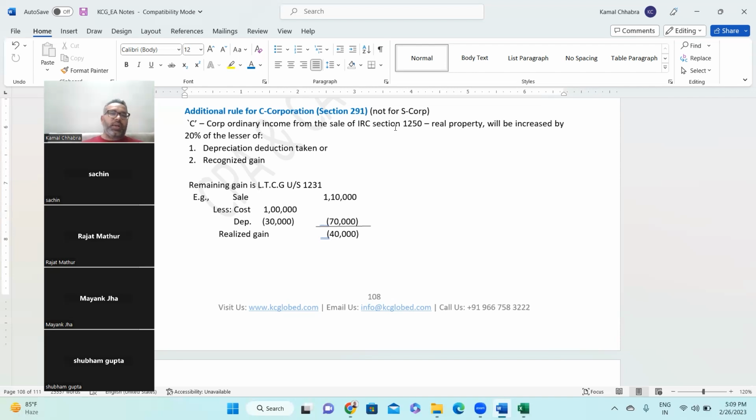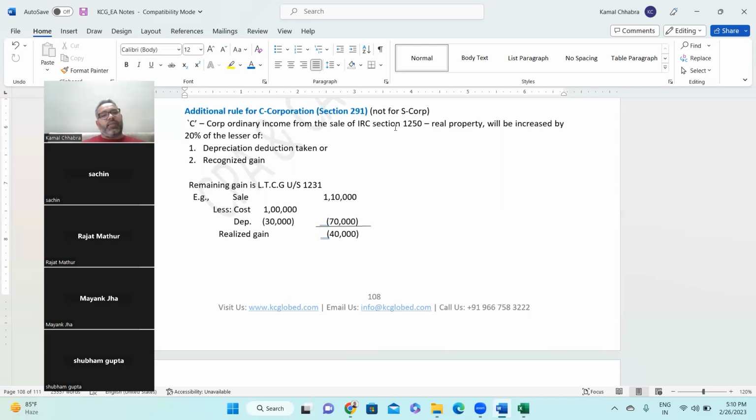Right? So there is a special provision of section 291 which says the ordinary income from the sale of real property will be increased by 20% of the lesser of these two items. That is applicable only and only for the C corporation.